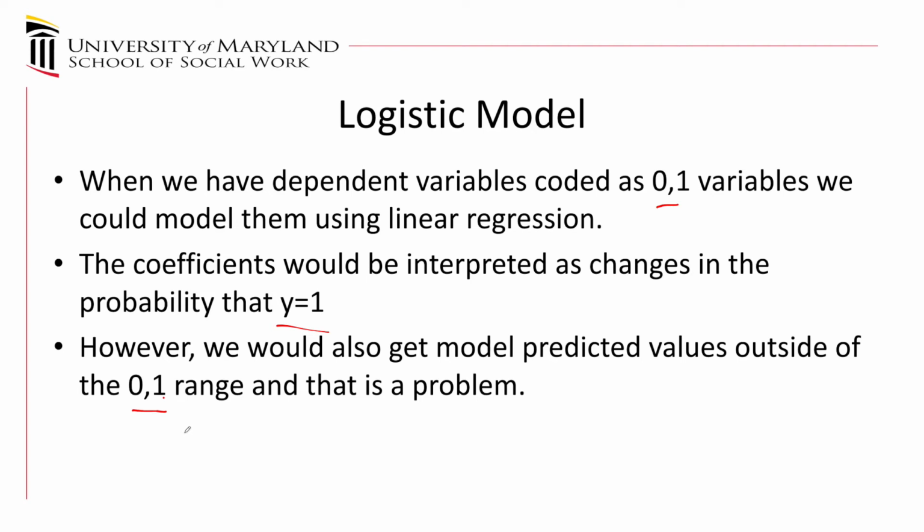It can do whatever it wants. So you'll get negative values and values exceeding 1 when you look at the predicted values, and that tells you something is off about your model. That's why we use the logistic regression model, because it allows us to use a linear model framework but have it bounded by 0 and 1 when we convert it back and forth across that link function.